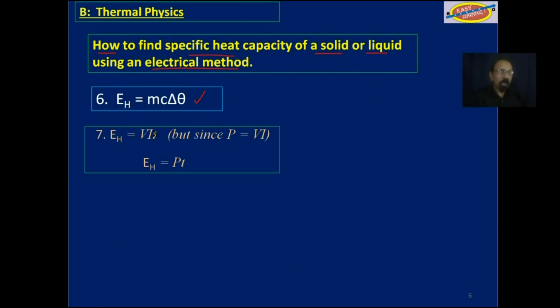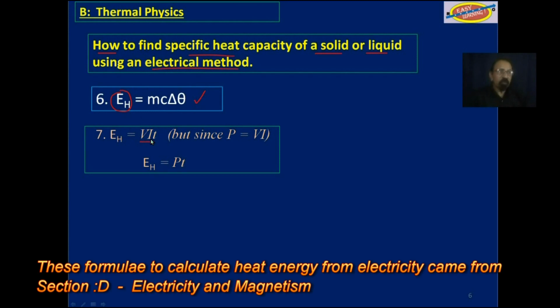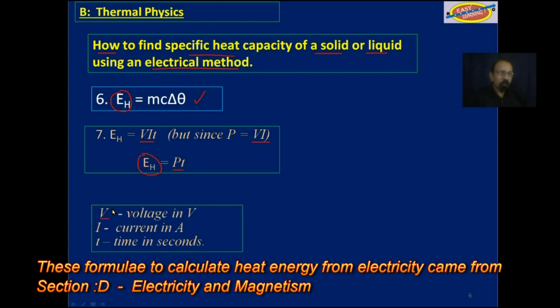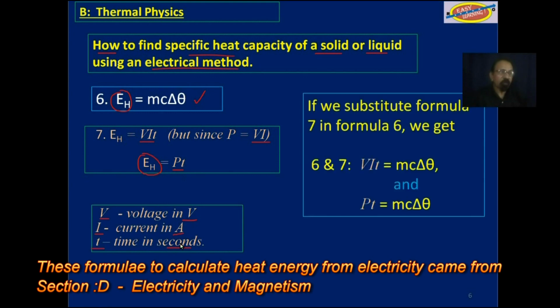We are going to look at this E here and find two other ways that we can substitute that E. The first one is VIT, but since P is equal to VI, we can also substitute for this EH, which is heat energy, PT. V represents voltage, I is current in amperes, and T is time in seconds.